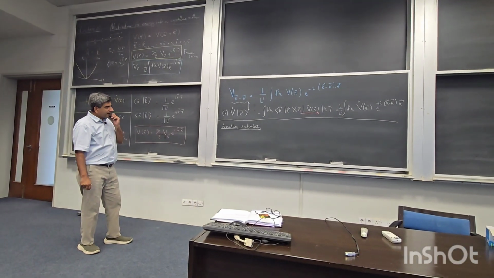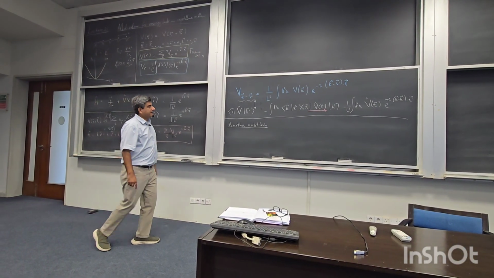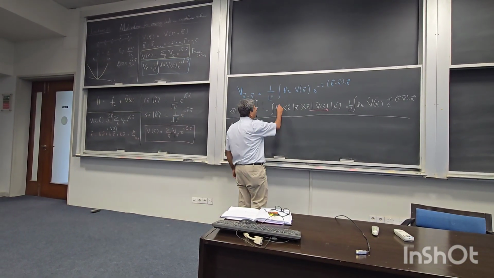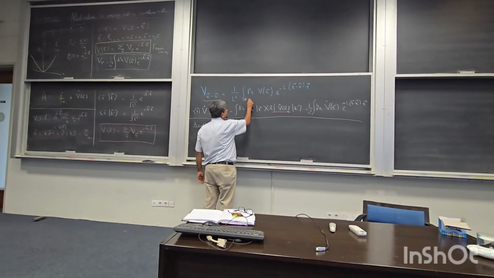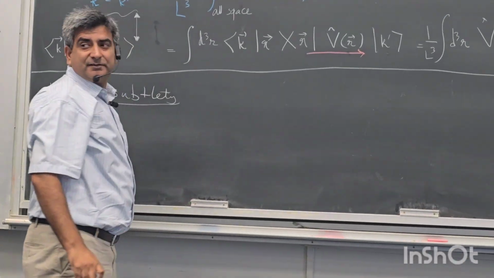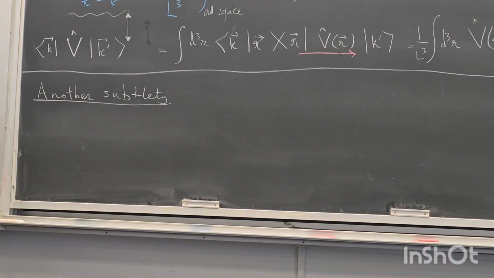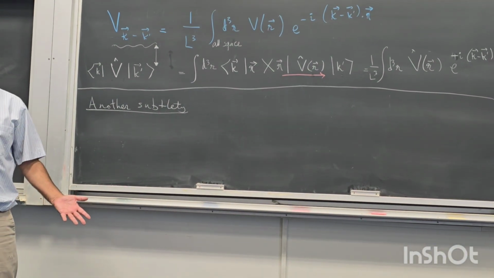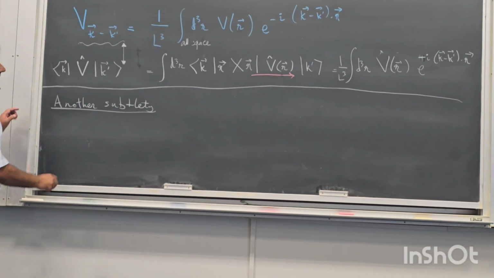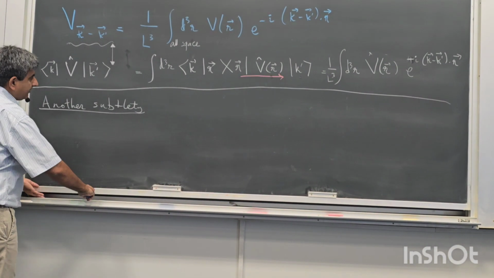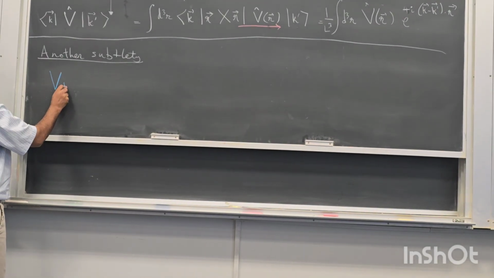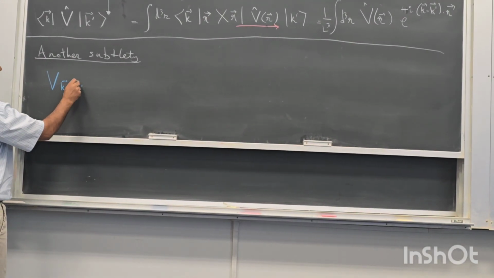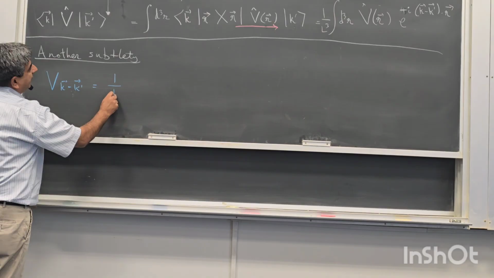So if I were to take this expression, this is an integral over all of space, correct? But since it's a periodic function, with this term here, Vk minus Vk prime, I could do a trick.